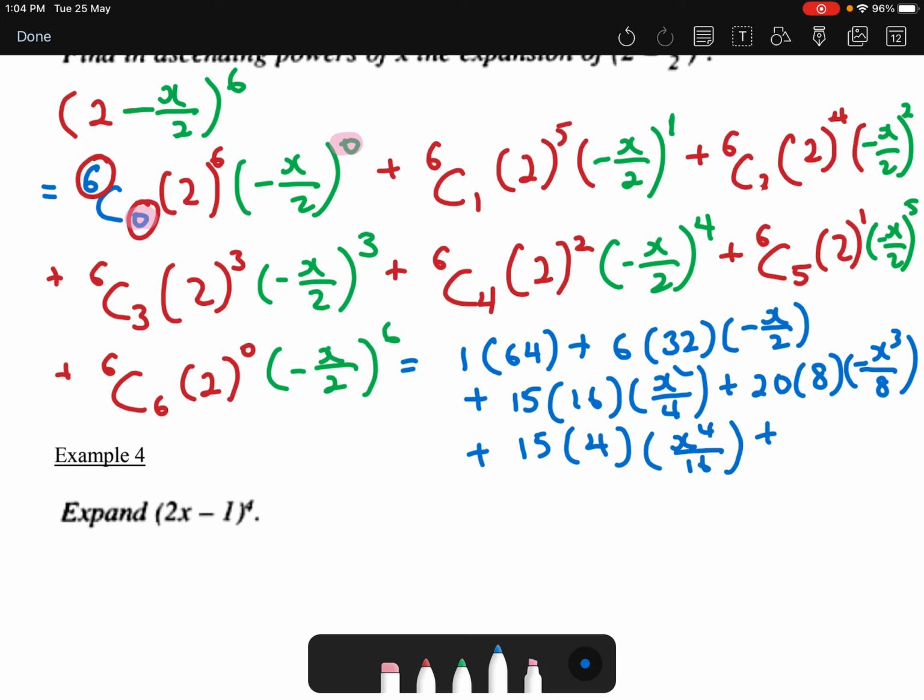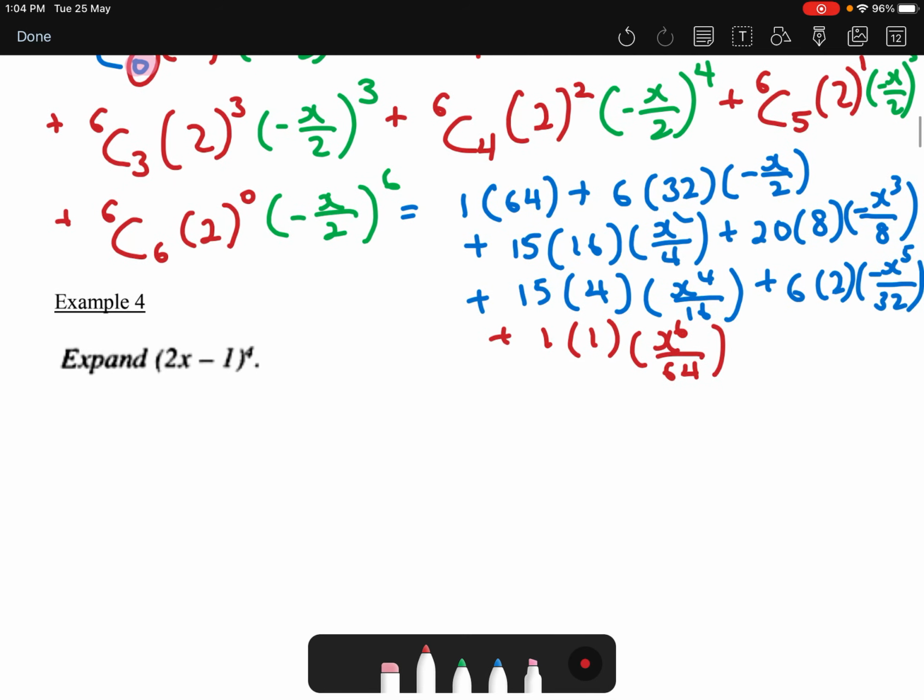Then plus 6 choose 5, 6, times 2, and this is negative x to the power of 5, where 2 to the power of 5 is 32. Last term, 6 choose 6, 1, 2 to the power of 0, 1, then x to the power of 6 over 2 to the power of 6, 64.